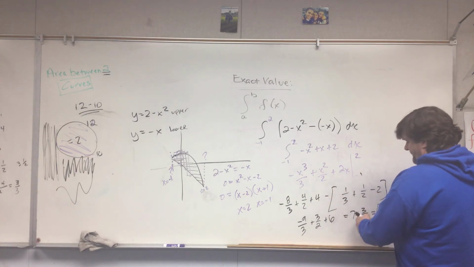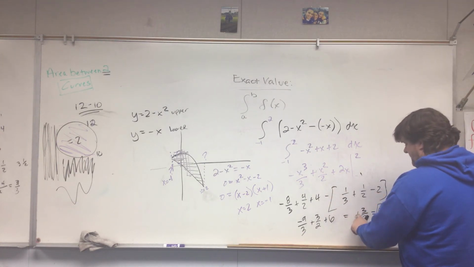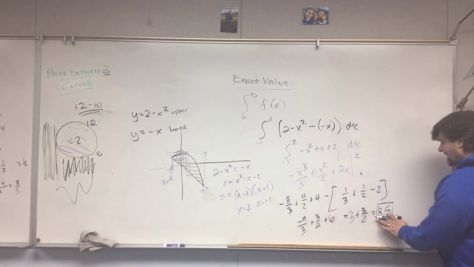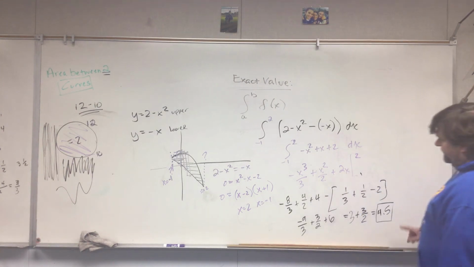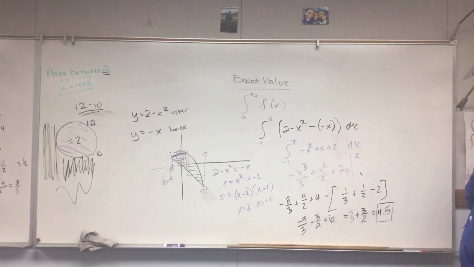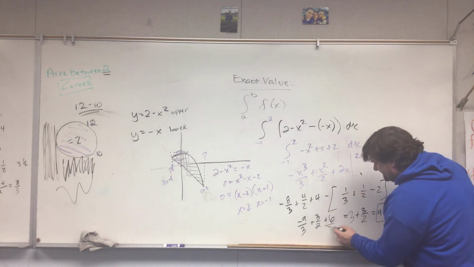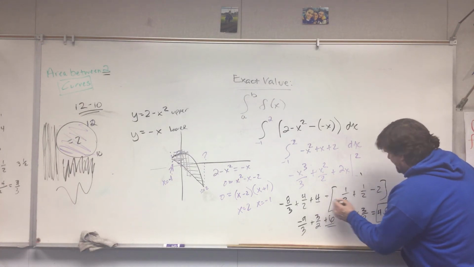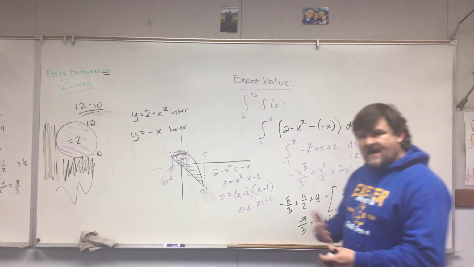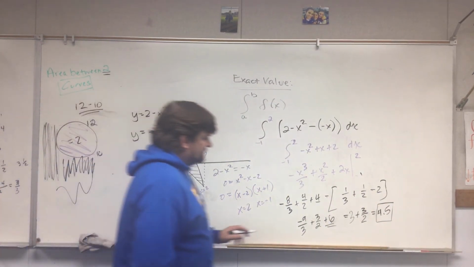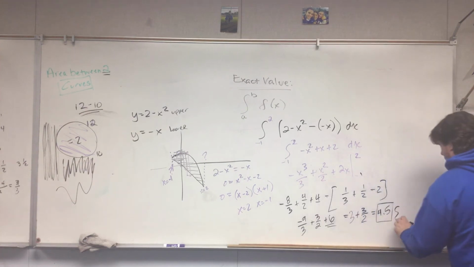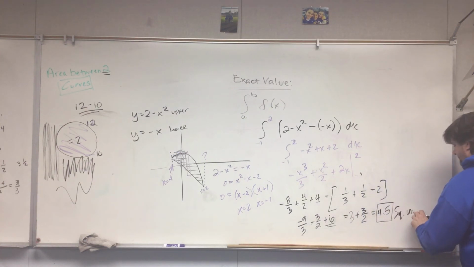So then from there, this becomes 3, and that becomes 4.5. My math will get you every time. All right, so a little mess up there. Sorry, guys. So this 6 comes from 4 minus a -2. I did some math in my head, and I got myself in trouble. So that's 4.5 units squared, or square units.